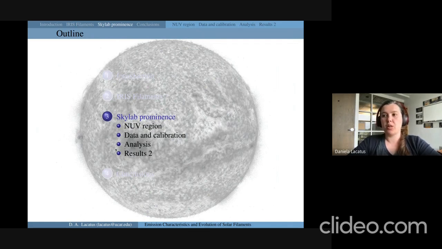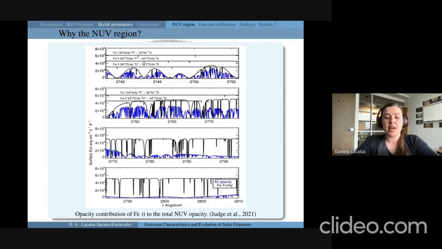If not, I will go to the second part of the talk, where I'll be looking at very much older data from the Skylab era, and trying to probe it for useful lines in the near ultraviolet that we can further use to explore the filament and prominence emission.